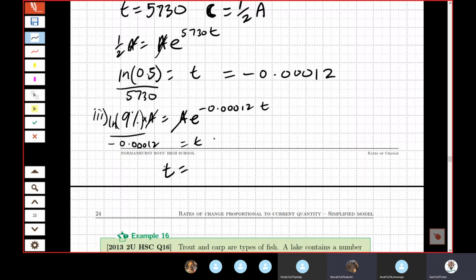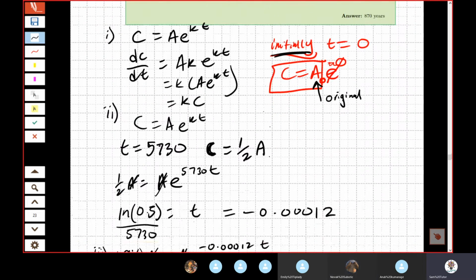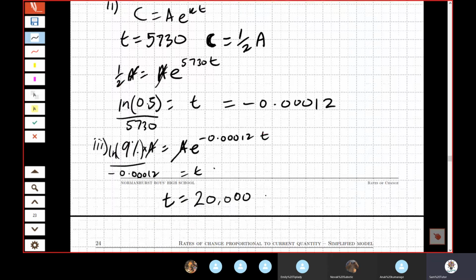Log 9% over negative 0.00012 gives 20,000. Yeah, that's better. And I think the question said write it to 2 significant figures. So it should be just 20,000 years.